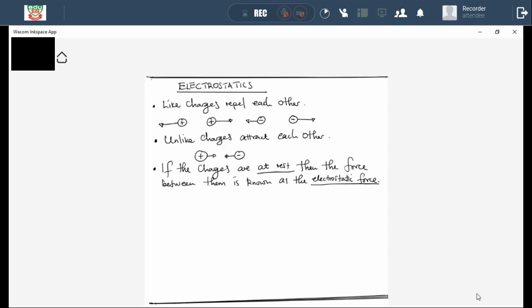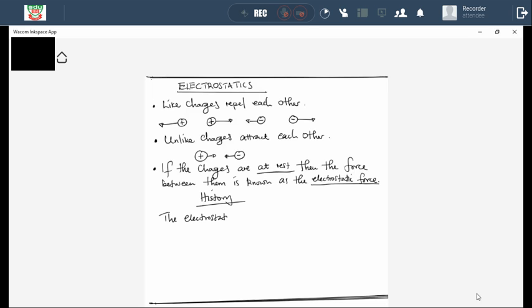So I think we need a bit of history so that we all appreciate our topic and where we are going and where we are coming from. I'm just going to give you a brief history of where we get Coulomb's law from.